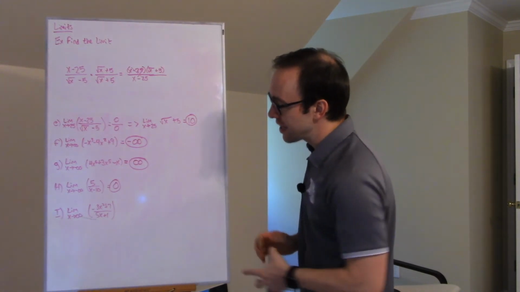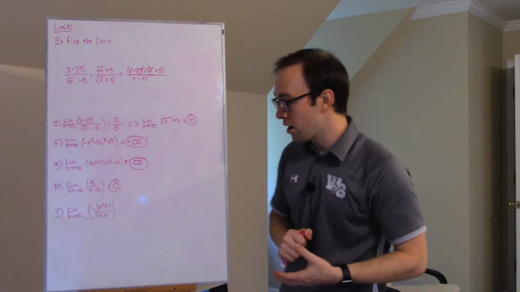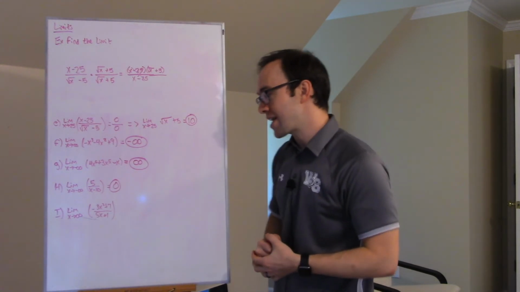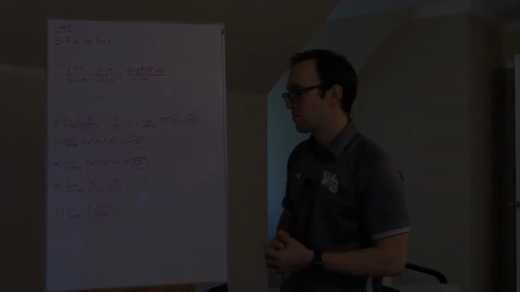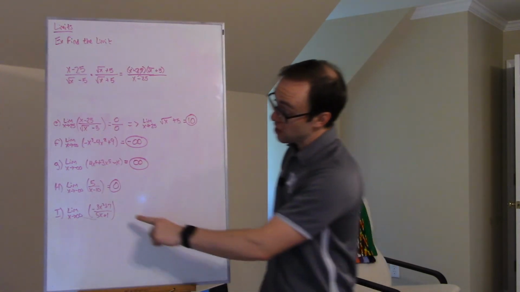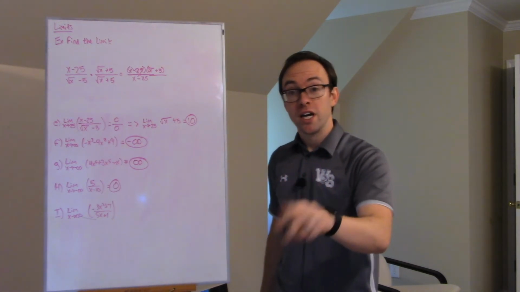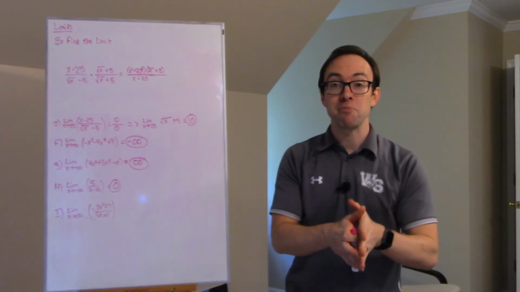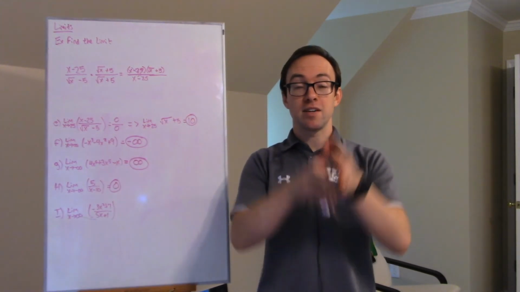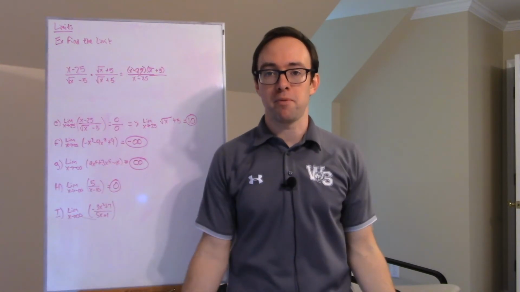And then the last one, letter I, the limit as x goes to infinity of, and then the fraction is negative 3x squared plus 7 over 5x plus 1. So in this case, you want to watch your degrees. The degree on top is 2, and the degree on bottom is 1. So that means the top is going to be getting bigger exponentially. It's going to be getting bigger and bigger than the bottom.